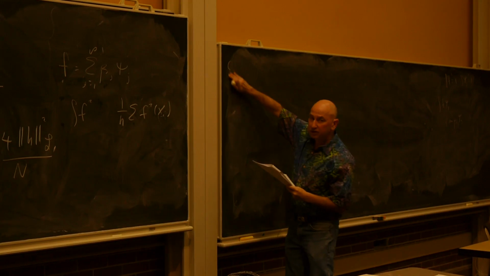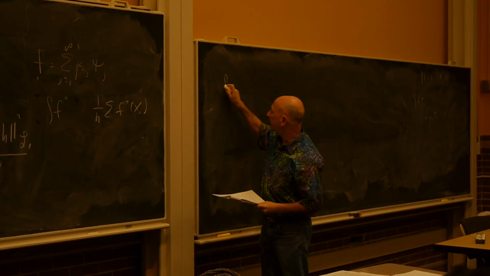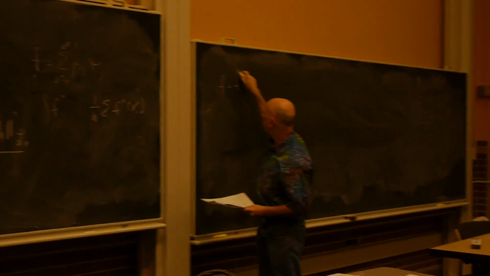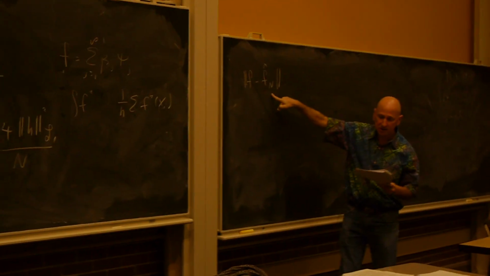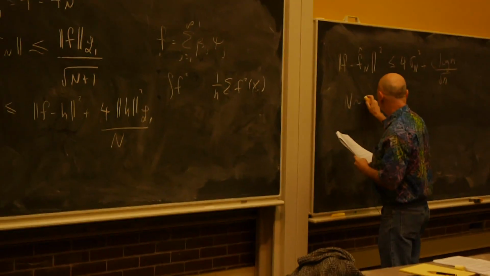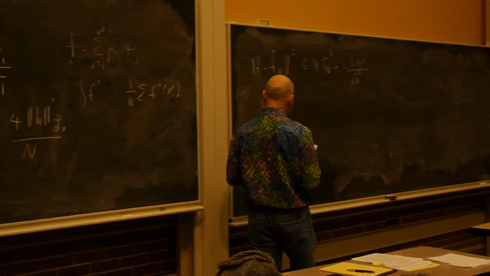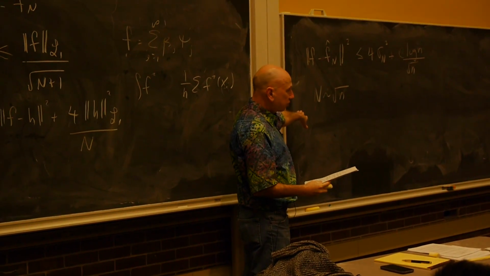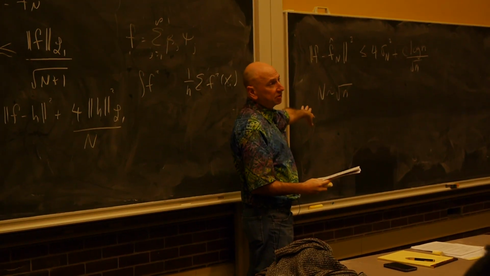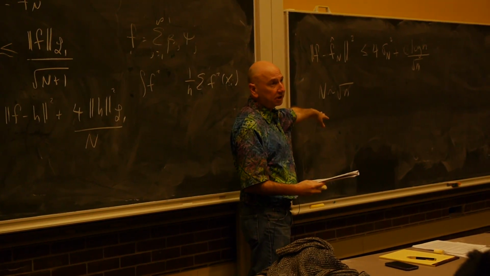And what they show is the following thing. If I take an arbitrary function minus its linear approximation based on n steps of forward stepwise, n in this case turns out to be square root of n. That's not what you would use in practice. In practice, we would use cross-validation or something like that.